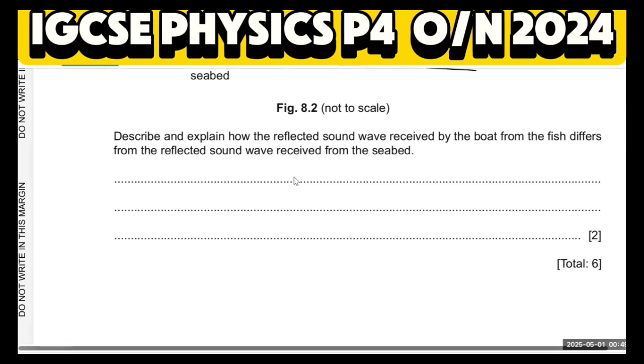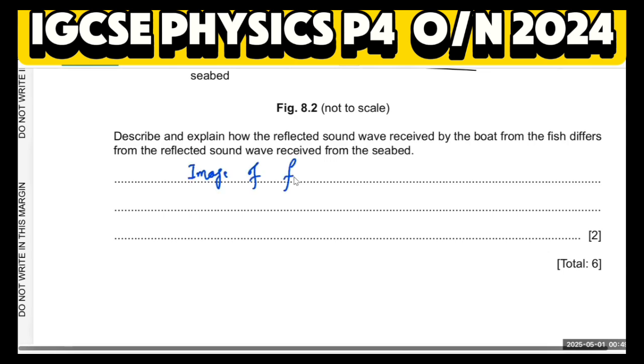So after the reflection the wave loses energy, so its amplitude will be decreased. So the image on the board will be smaller because the amplitude will be decreased.